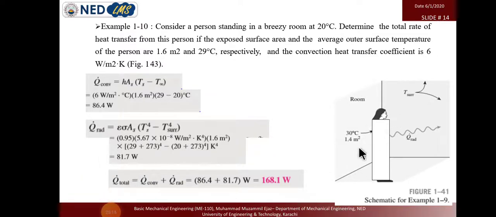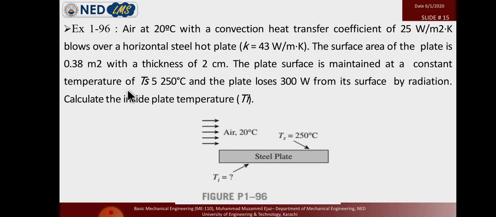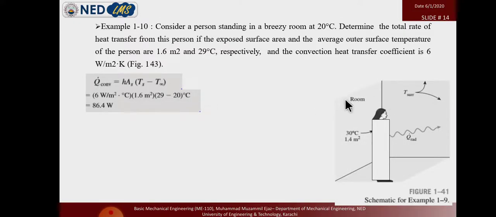So the total heat rate will be the sum of convection and radiation. First we calculate the convection, h A (Ts minus T infinity).